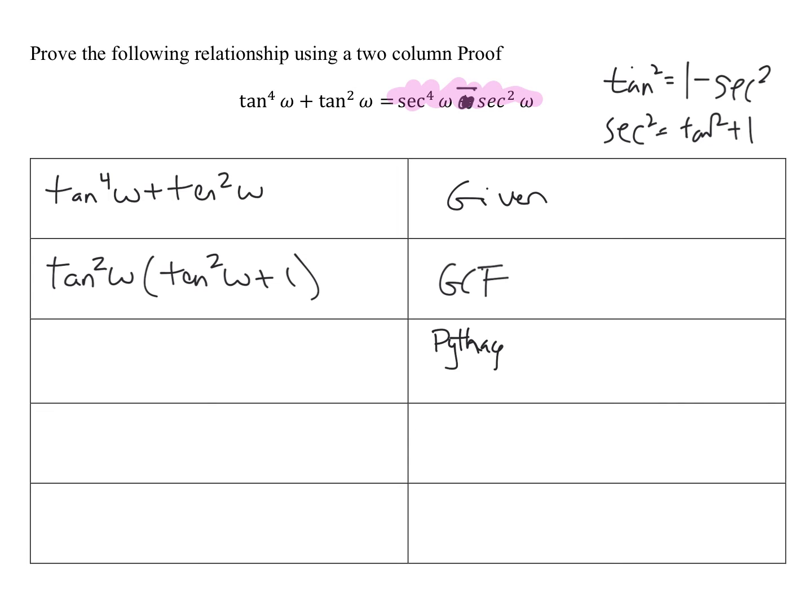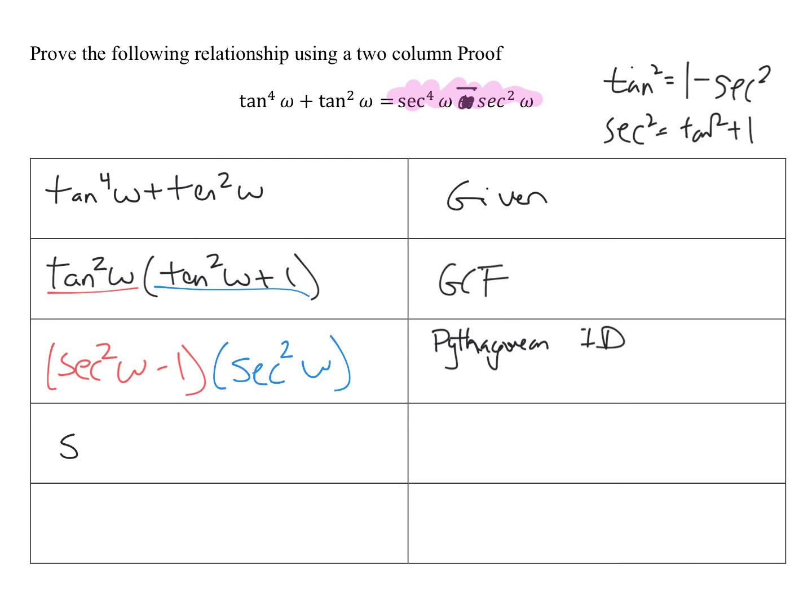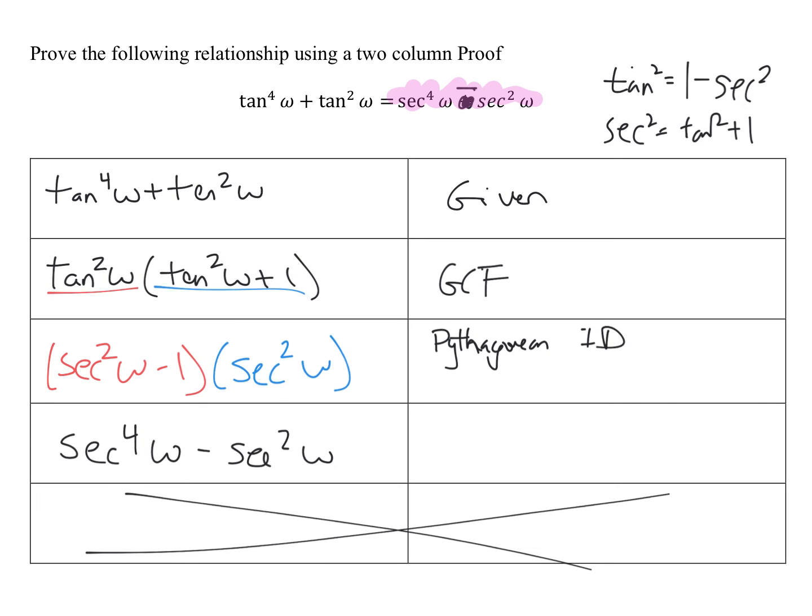The tangent squared omega becomes secant squared omega minus 1, and the tangent squared plus 1 becomes just standard secant squared. And so now that we have that, we distribute, we get secant to the 4th omega minus secant squared omega. So I actually don't even need the 5th step. We just distribute, and that's our proof.